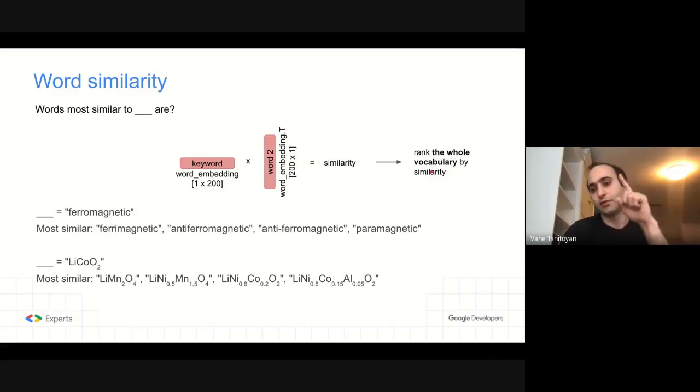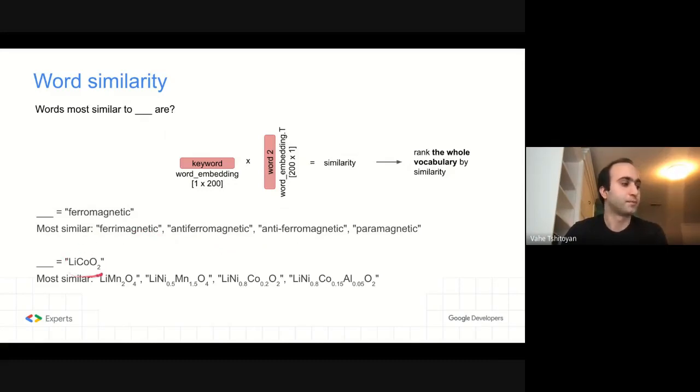So you have a vector and you take the closest vectors to this keyword, the most similar words. When we did this for materials, for instance, one example is you can take a magnetic property, ferromagnetic, and the most similar ones would be a bunch of other magnetic properties, which is good news.